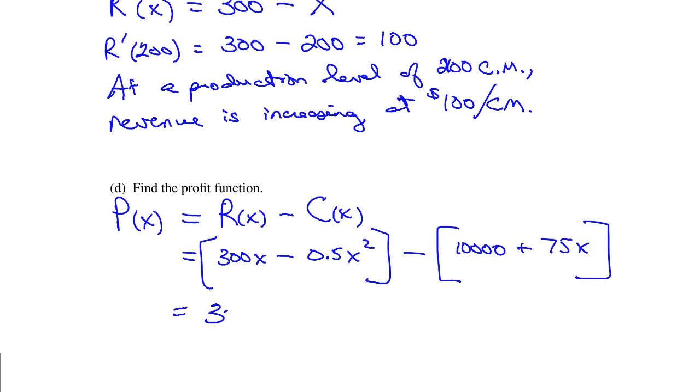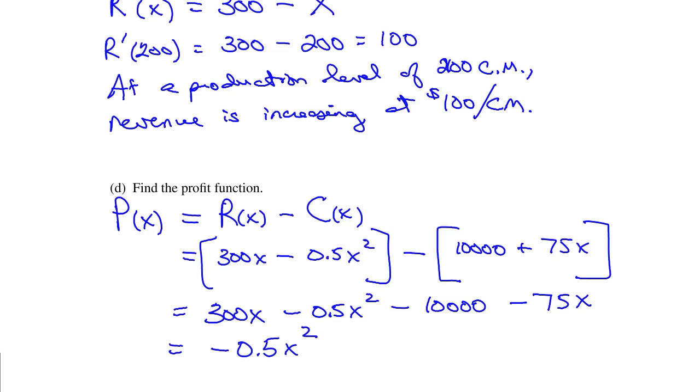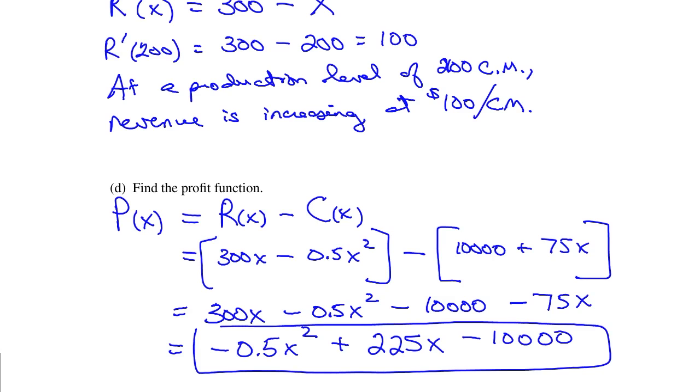So it's going to be 300x minus 0.5x squared. Distribute the negative, so it's minus 10,000 minus 75x. Organize these in descending power order. So it's negative 0.5x squared plus 225x minus 10,000.